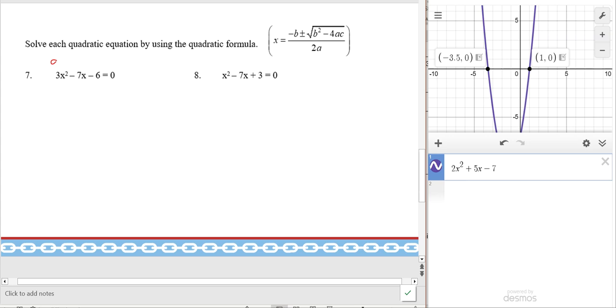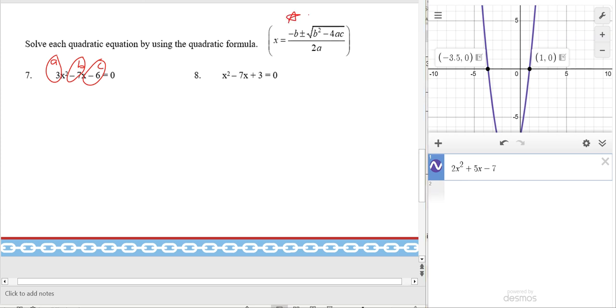So we're going to label out our terms. A, B, C. 3, negative 7, and negative 6. Right, so the quadratic formula will be provided for you. Right, we have that up here. Right, there's our quadratic formula.